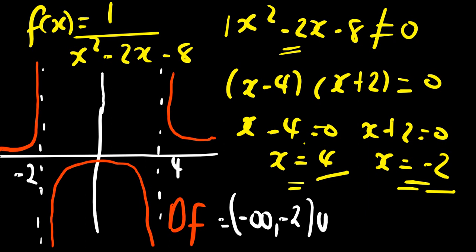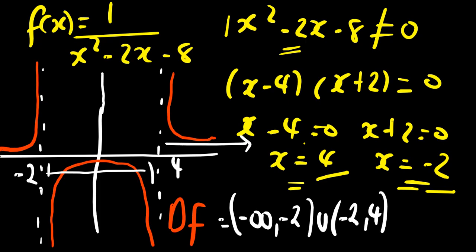Then in the middle from negative 2 to 4. Now the last part, from here going this side, union, from 4 to positive infinity, like that. So this will be our domain for this case.